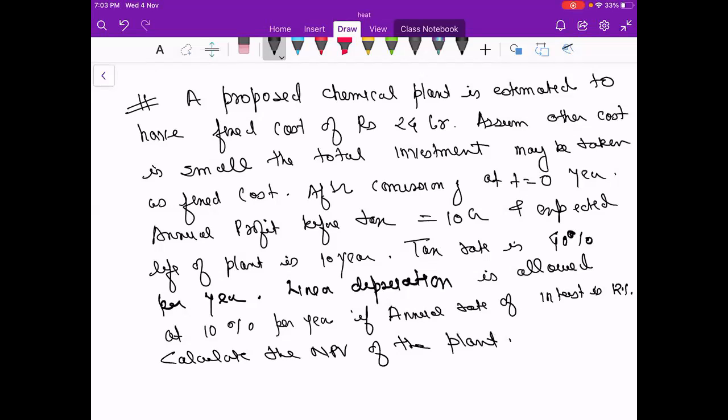Okay, so solve this question. If it is not mentioned, calculate NPV of the plant means you have to take care of all the years.